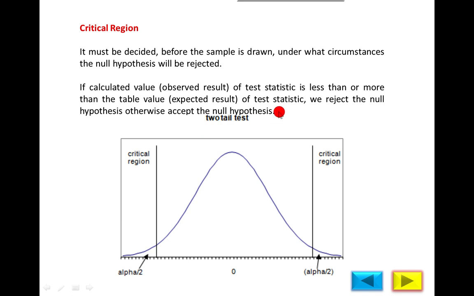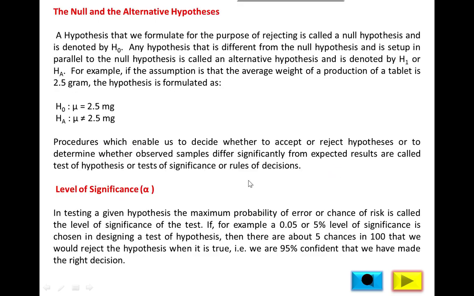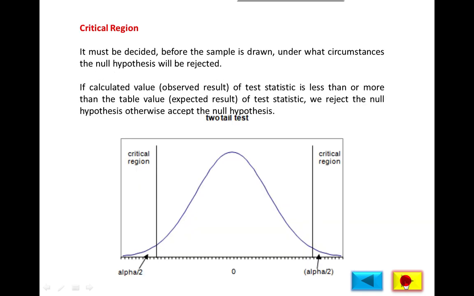We select the table value with the help of the level of significance alpha and sample sizes, and then write this expected table value in this diagram. This is the graph of the normally distributed data, used for the t-test and z-test.